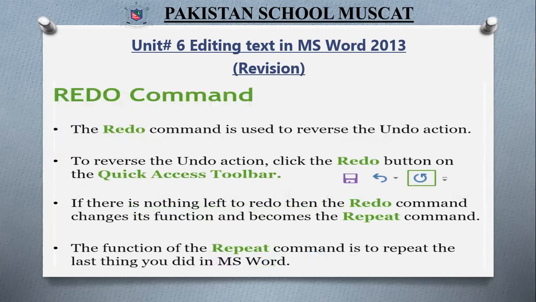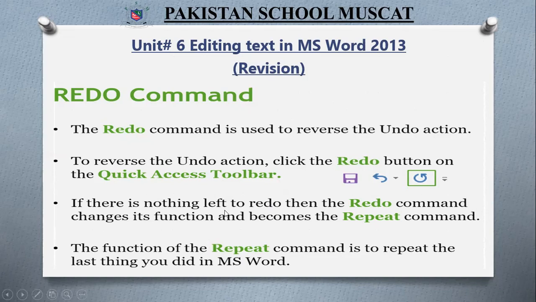And now we move to the redo command. We had discussed both these options in the Word window. The other option next to the undo option, like a half circle with an arrow, is the redo command. The redo command is used to reverse the undo action, and to do that, we need to click the redo button on the quick access bar.